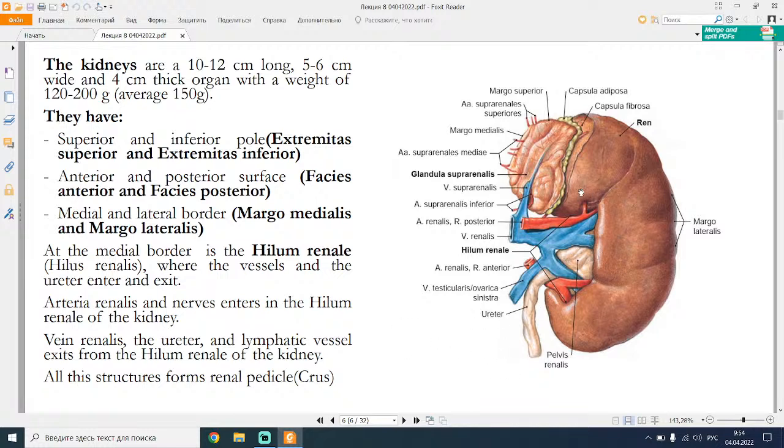At the medial border is the hilum renale, hilus renalis, where the vessels and the ureter enter and exit. Arteria renalis and the nerves enter the hilum renale of the kidney.